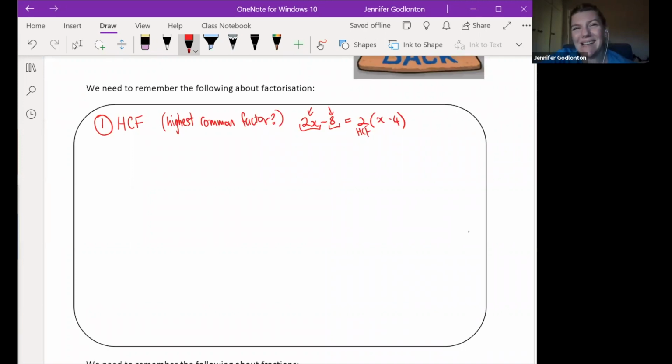Now we also get something which is quite sneaky, because it's also like a highest common factor, except it's not factor. It's highest common something. Does anyone remember what it is? It's a sneaky one, and it's friends with something called a switcheroo. My hint to you is there are lots of them on the board right now.